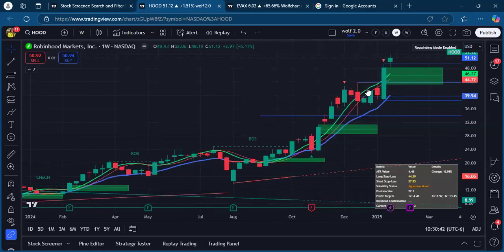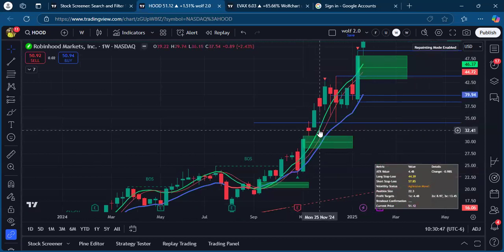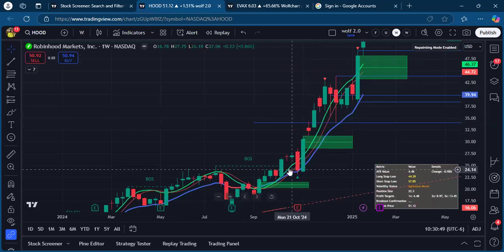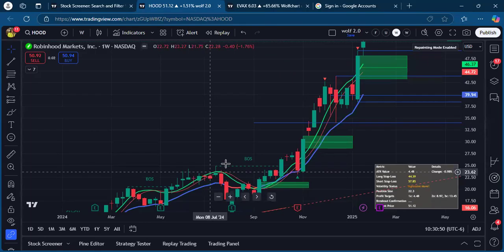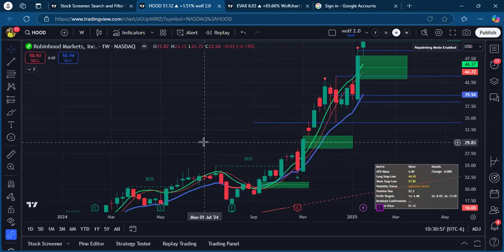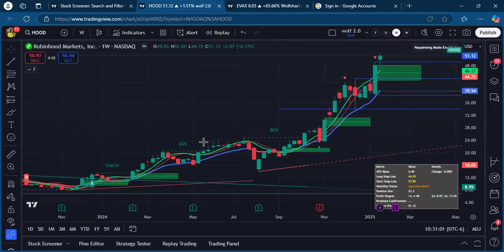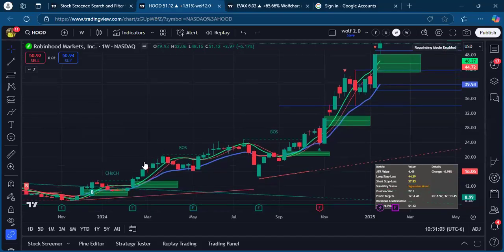I do have some additional lines here that are considered an EMA. It's my wolf trending moving average. And this particular EMA is created by the creator of this complete chart setup, right? So what it does is just helps me to follow the trend, right?